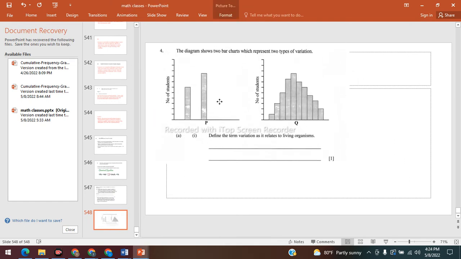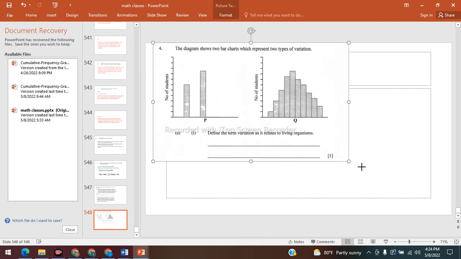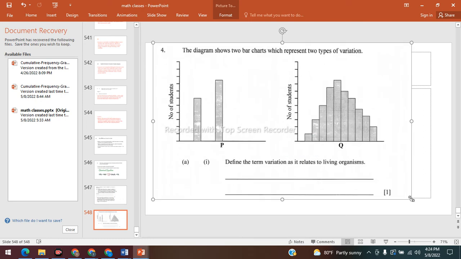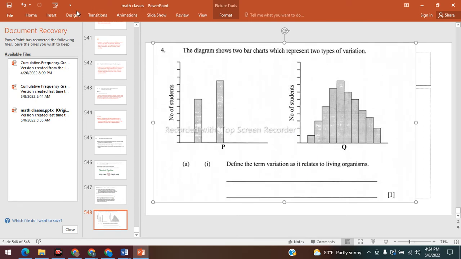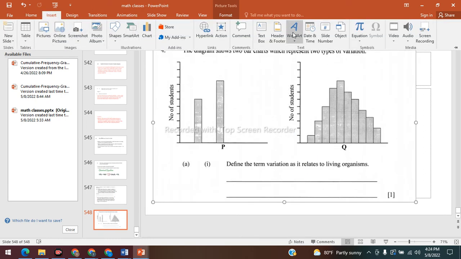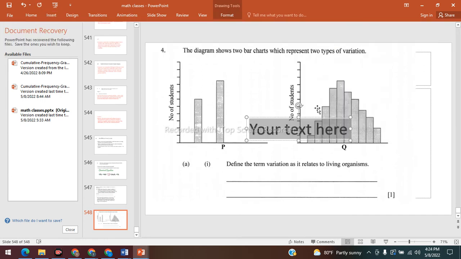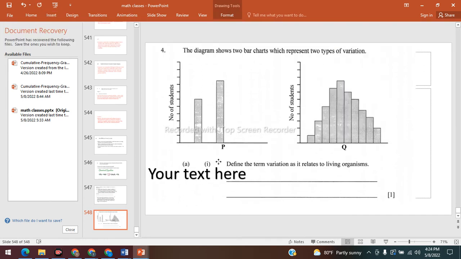They mean as in what? Height and stuff like that? When you hear the word variation, what comes to mind? Type, differences throughout the same species.